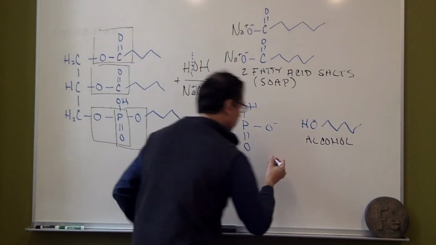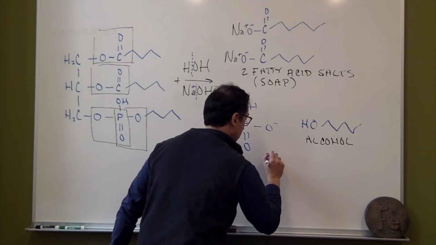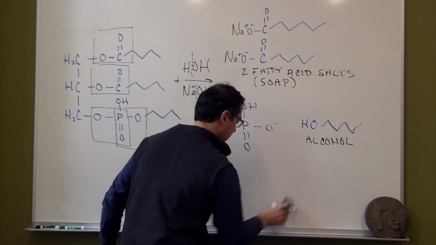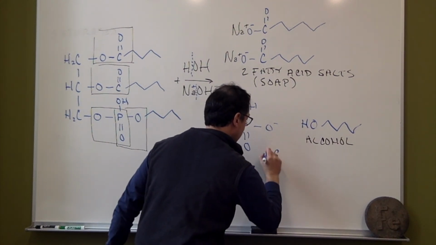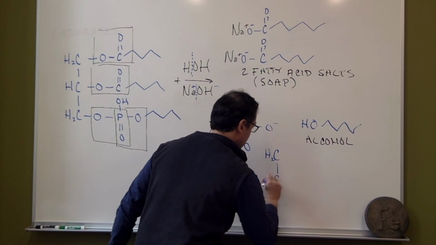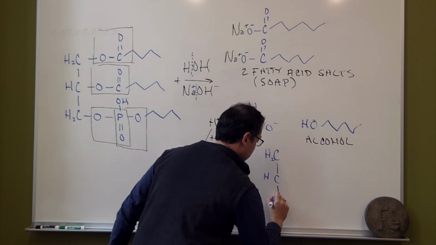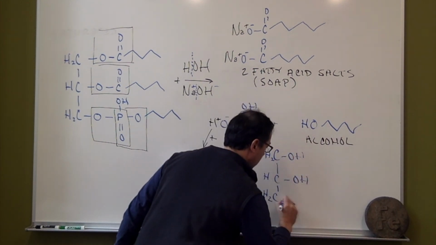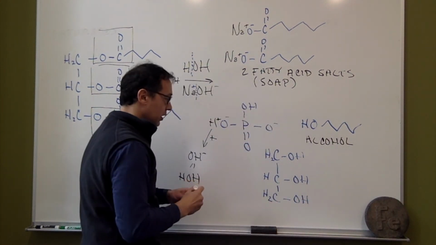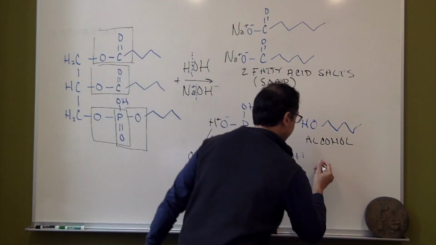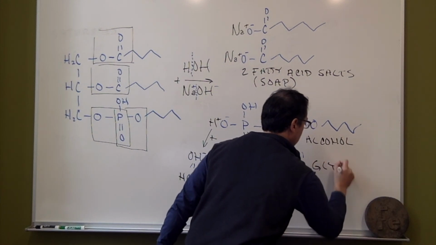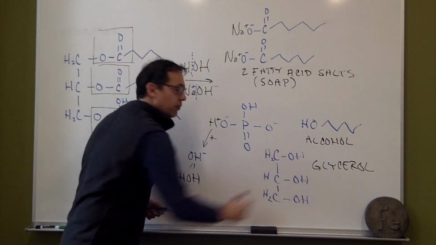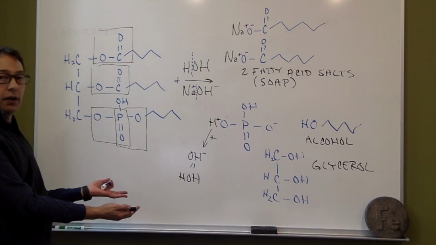So glycerol: CH2, CH, CH2, with OH, OH, and OH. And this is our glycerol group. So all this right here becomes glycerol. That's how we make soap.